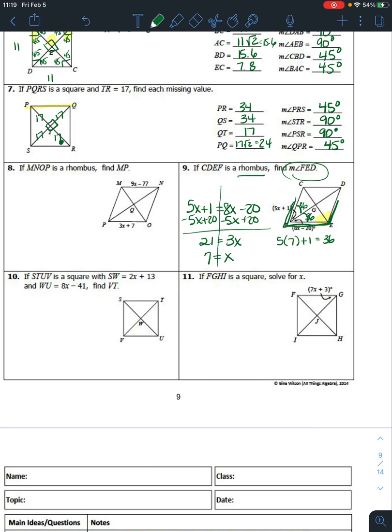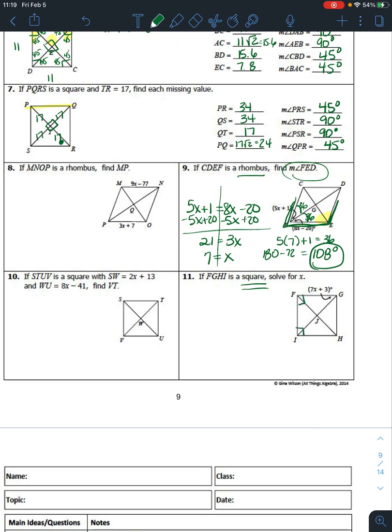Well, we know that consecutive interior angles add up to 180 degrees. So if I take 180 and subtract 72, I get that that other angle is 108. And then each of them would be 54 because they've been bisected too. But I only asked for FED, so you didn't have to bisect it. You just needed that 108.